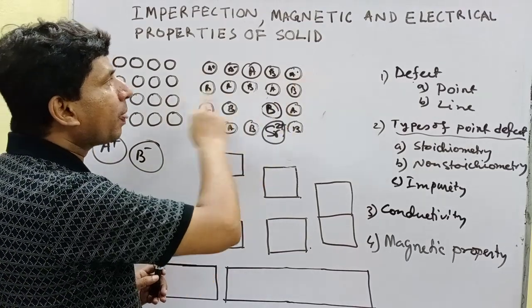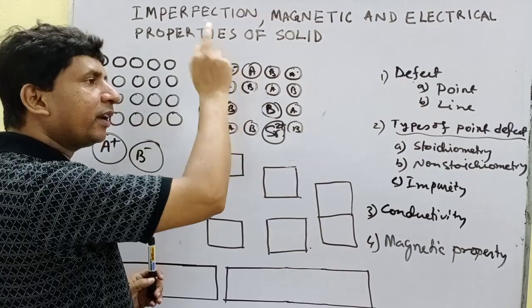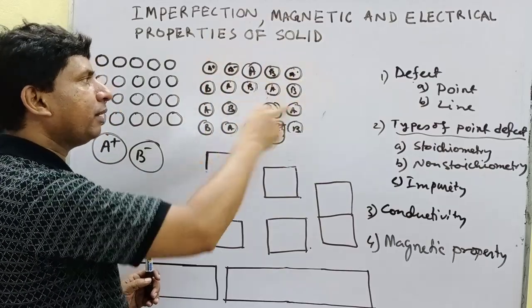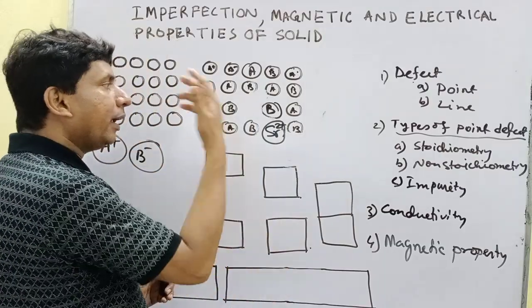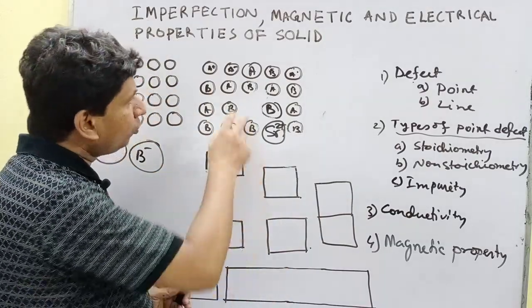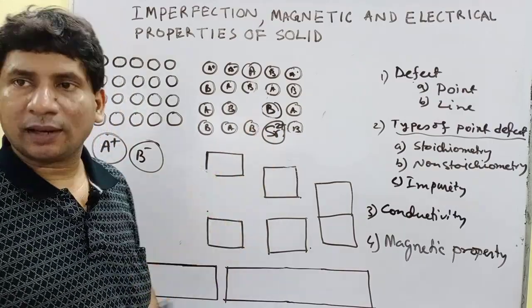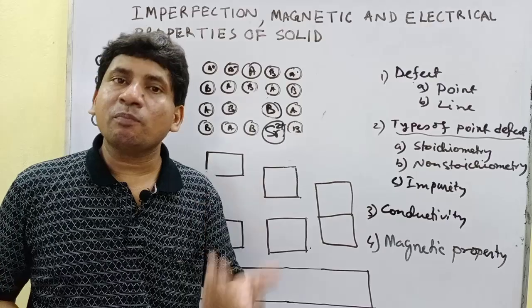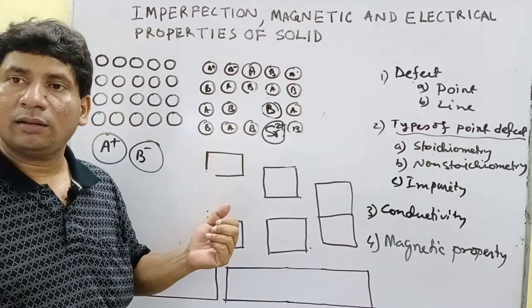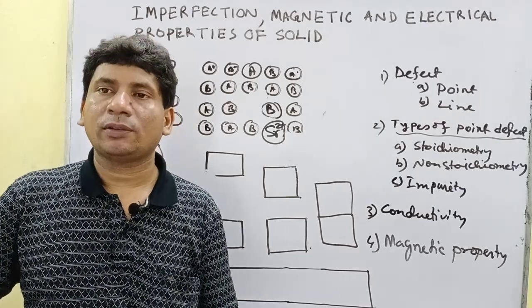Because there was Na+, Cl-, Na+, Cl-, but replacing two Na+, one Sr2+ is present here. So since Sr2+ is an impurity here, this defect is known as an impurity defect.